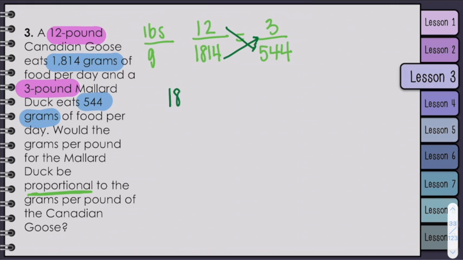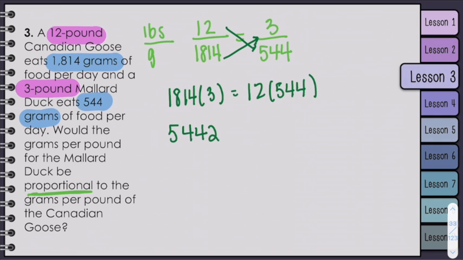So 1,814 times 3, is that going to be proportional to 12 times 544? When I multiply 1,814 by 3, I'm going to get 5,442. 12 times 544, you're going to get 6,528. So then this would be not proportional.